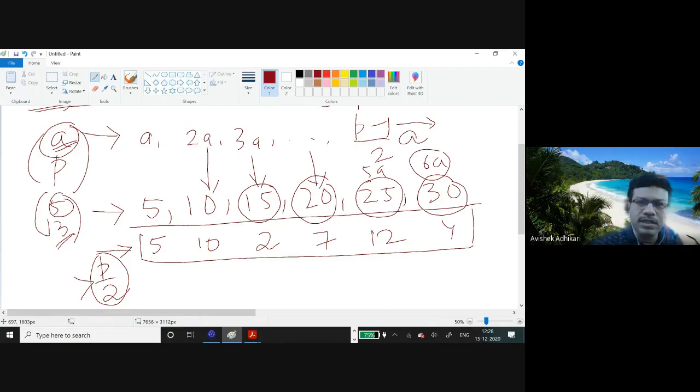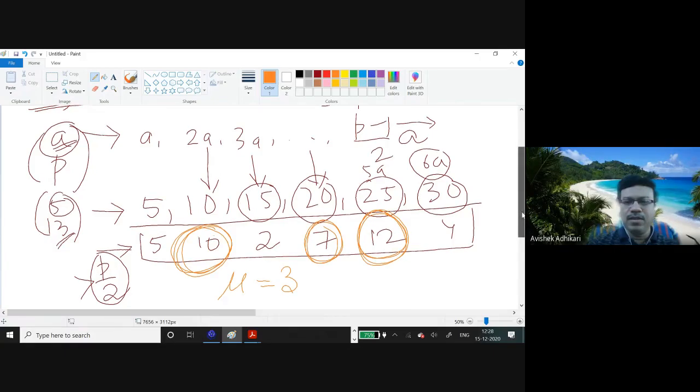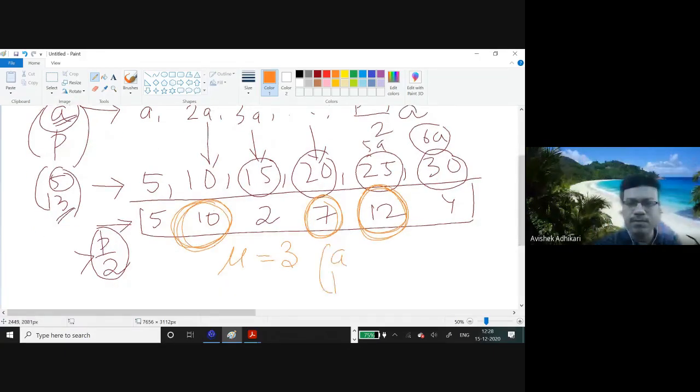This value is greater than 6.5, this is strictly greater than 6.5, and this is also strictly greater than 6.5. Gauss called that number mu. So here the value of mu is 3. And Gauss mentioned that the value of the Legendre symbol (A/P) will be minus 1 to the power mu.